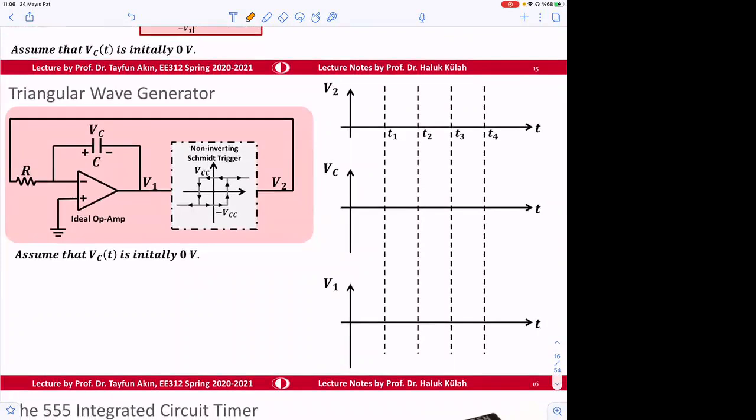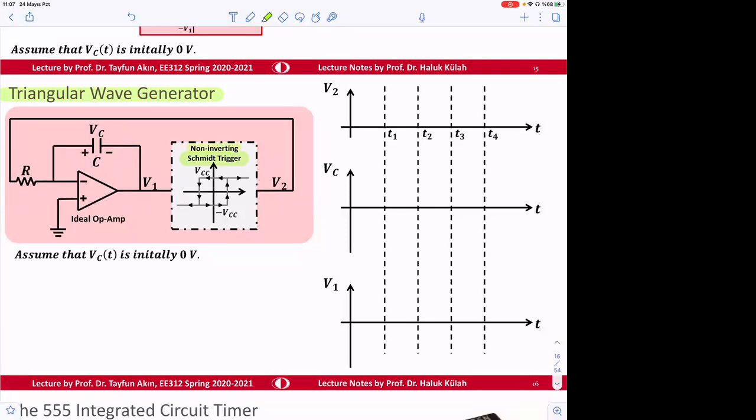There's one more interesting circuit, the triangular wave generator. So if you want to obtain a triangular wave, we can use again this Schmitt trigger. But this time we can make the Schmitt trigger non-inverting.